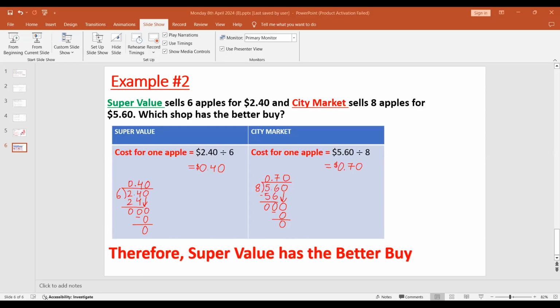And the cost of 1 apple at City Market equals $5.60 divided by 8, which equals 70 cents. The SuperValue is the better buy because you will get 1 apple cheaper. Very good. So 1 apple at SuperValue is 40 cents, whereas 1 apple at City Market is 70 cents. All right.